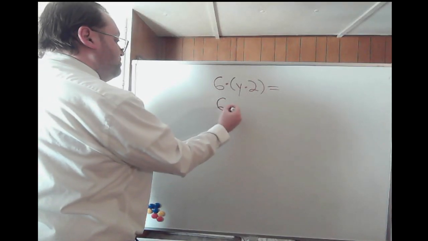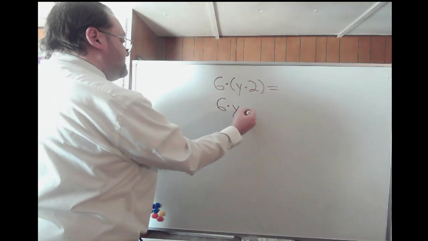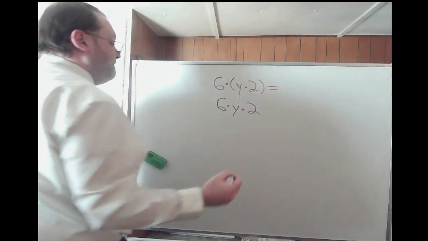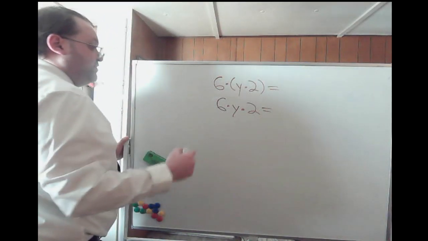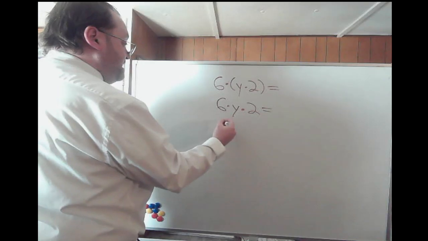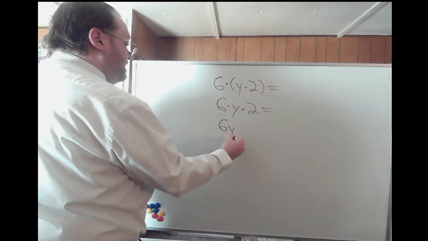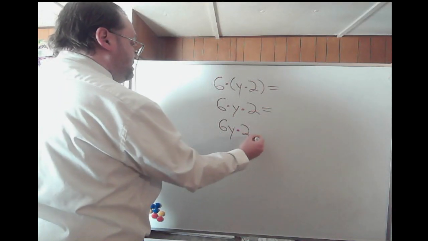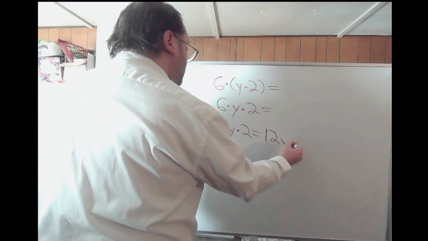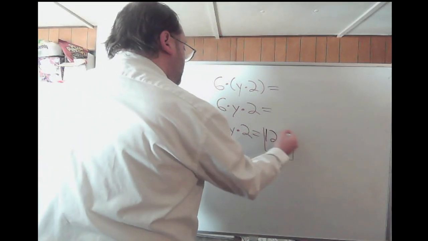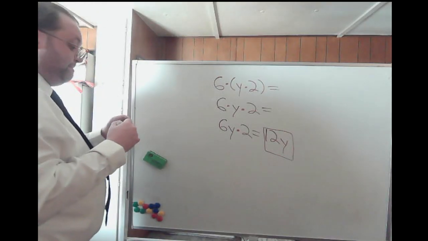You honestly don't need the parentheses, so you'll have 6 times y times 2. So if you just work from left to right, 6 times y is 6y times 2. 6y times 2, well, that's 12y. You would just get 12y.